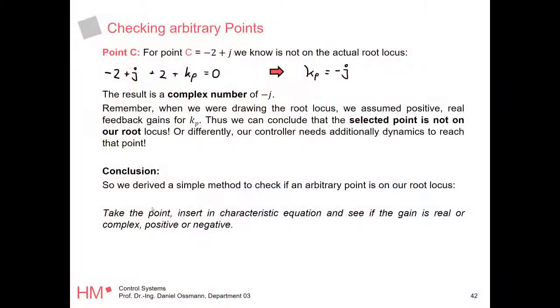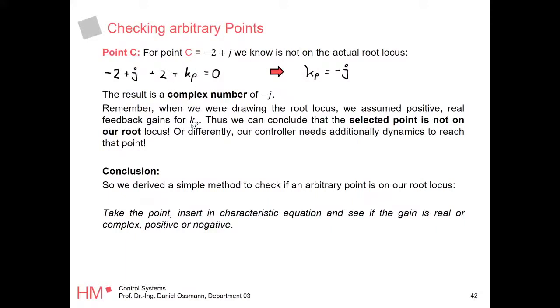Because if it would be reachable by a proportional feedback, the gain needs to come out real. It does not. If it's complex, it's not reachable. This is the only information we are extracting here. So the strategy at this point would be, if we want to know if a desired point is on our root locus curve, we just take that point, plug it into our characteristic equation, and compute the proportional gain.